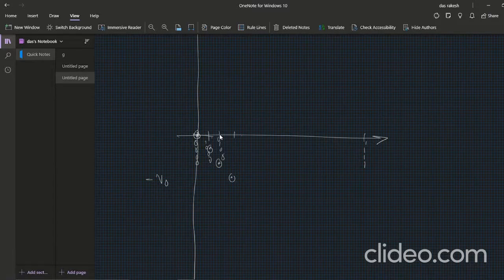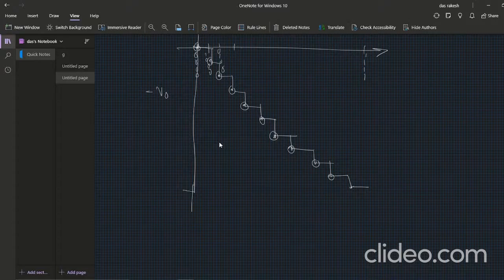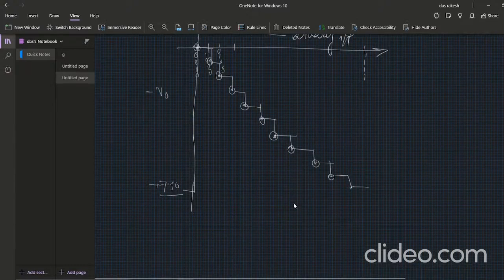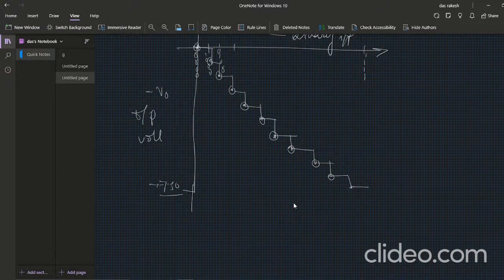Now if we connect all the voltages, it looks like a staircase. Now follow these different voltages, ultimately it goes to minus 7.5, when the input equals 1111. So in the x-axis we plot our binary input, and in the output axis we plot the output voltage.